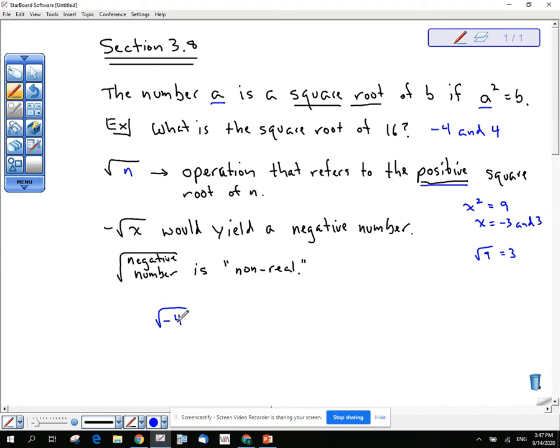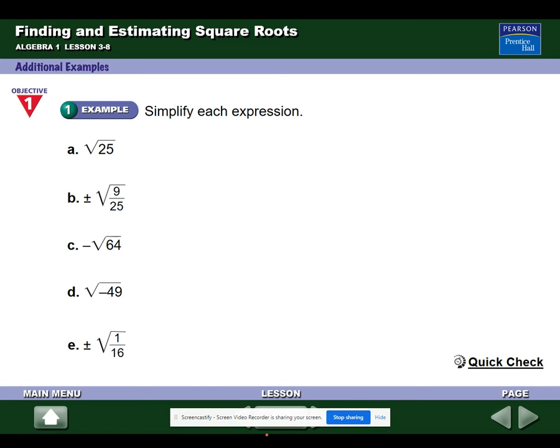Okay, so looking at some examples, simplify each expression. Again, if you're just square rooting, as this is, square root of 25 is just 5, just the positive number of that. Now, when they give us the symbol, of course, that does mean two numbers. And did you know that when you square root a fraction like this, you're really just square rooting the numerator and square rooting the denominator?